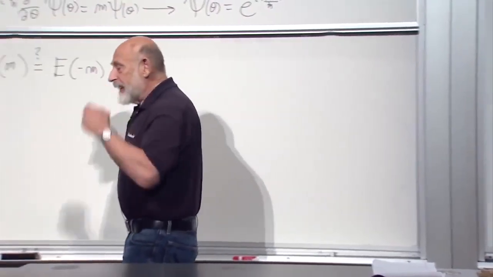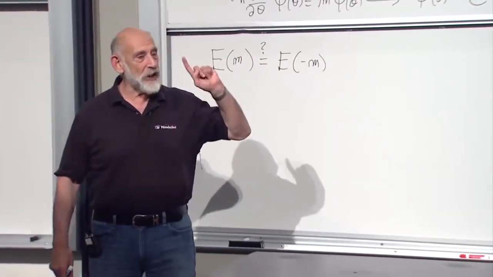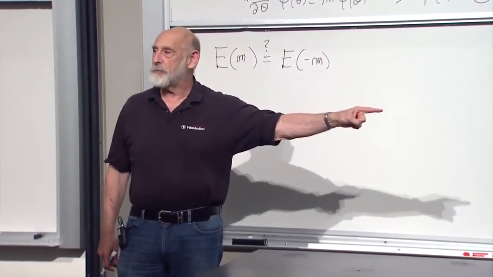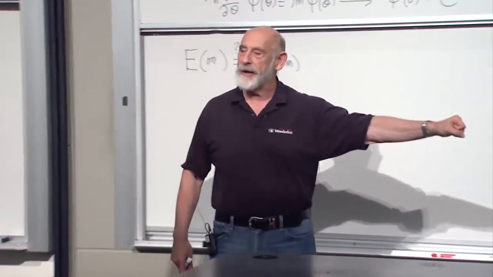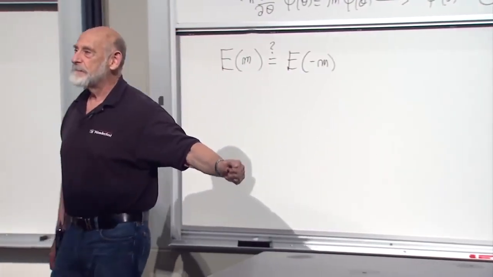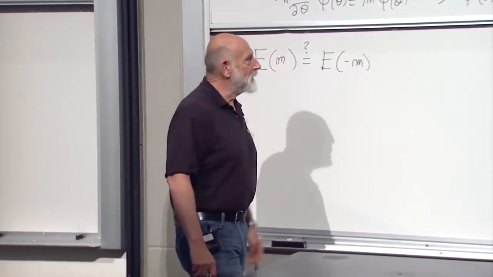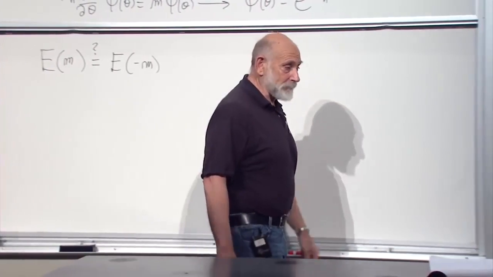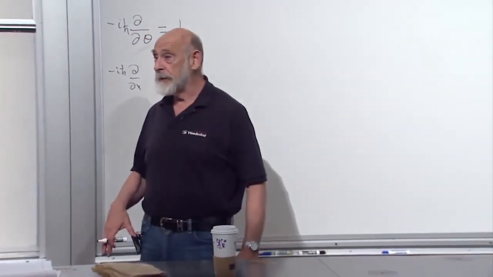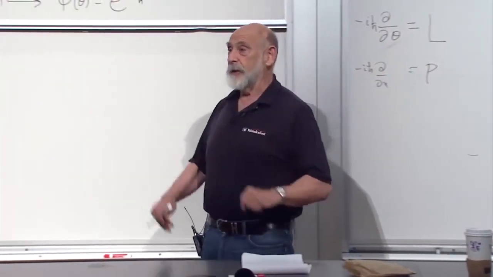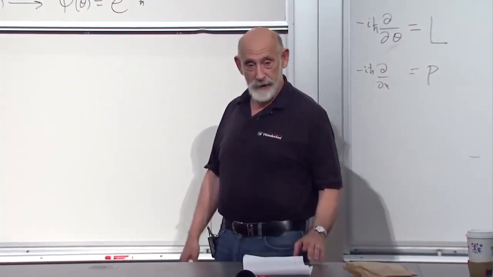It's like telling you I've decided that the positive x-axis points that way. That tells me nothing about whether I'm walking that way or this way. Right. It does set the definition of what you mean by positive and negative angular momentum, but it does not tell you whether the system has positive or negative angular momentum.